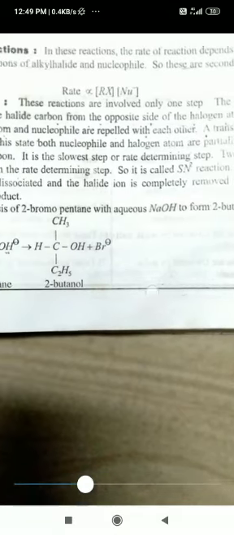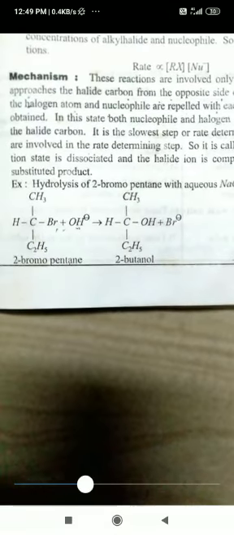A transition state is obtained. Transition state means it is a special state, in which attacking of one group and leaving of another group take place simultaneously. So at the intermediate stage, a separate state appears in the reaction mixture. That state is called the transition state.